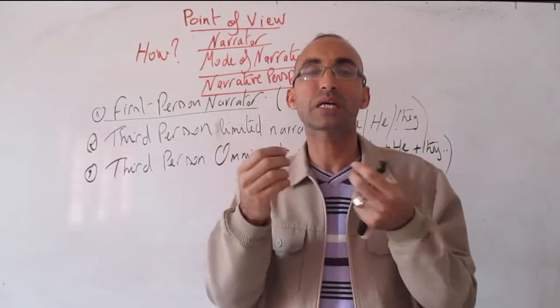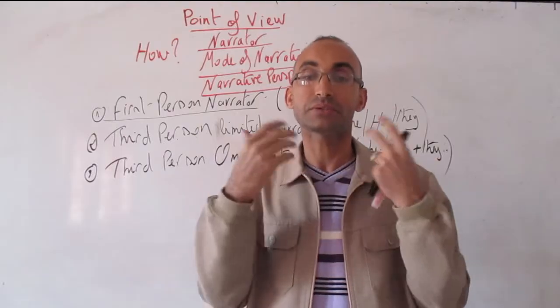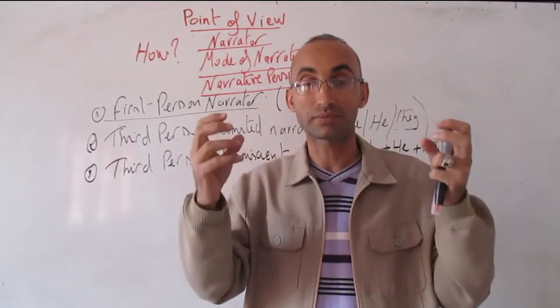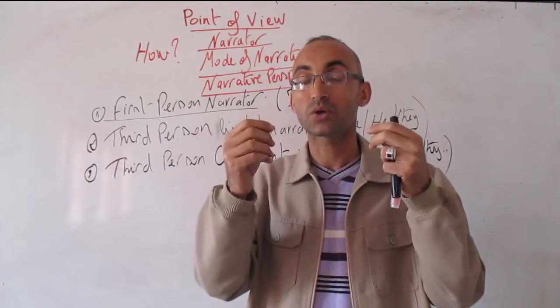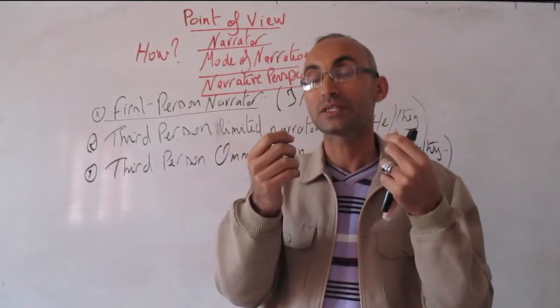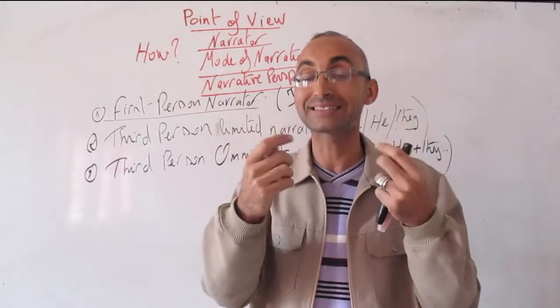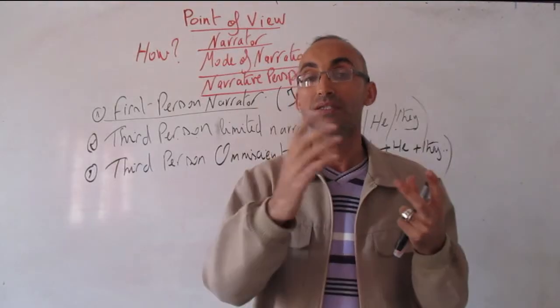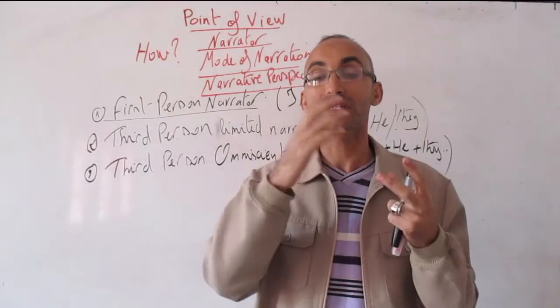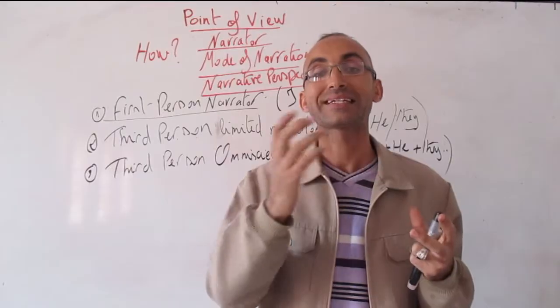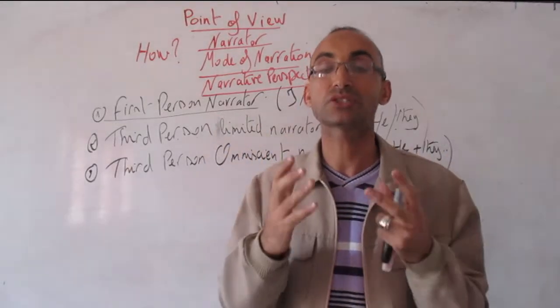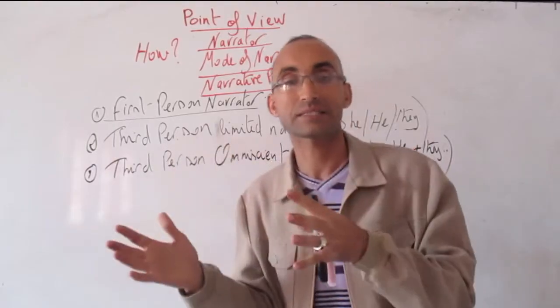It's a kind of window opened to us readers to read those ideas and thoughts and feelings and sensations, which are circulating within a character's conscious mind. That's why it's called the stream of consciousness.